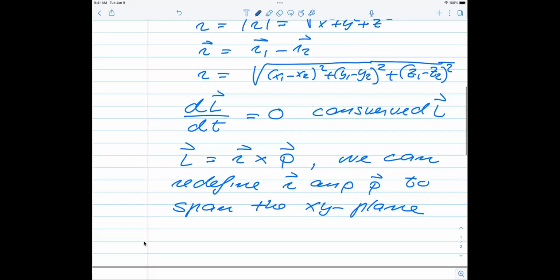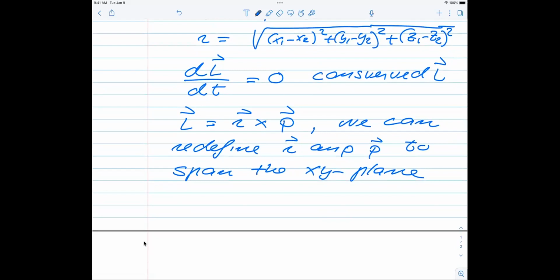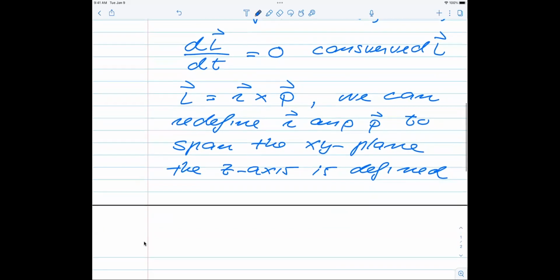So when we redefine the coordinates so that r and p live in the xy plane, then the z-axis is defined by L. Normally we would say that this is Lz, and this is a constant, so nothing happens in that axis.